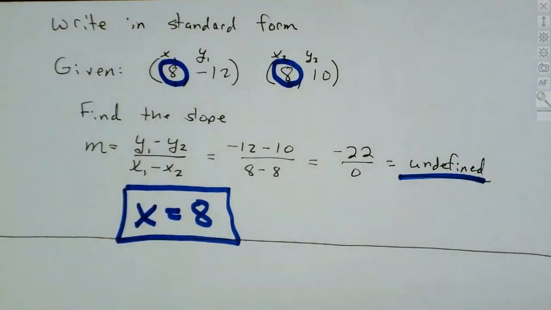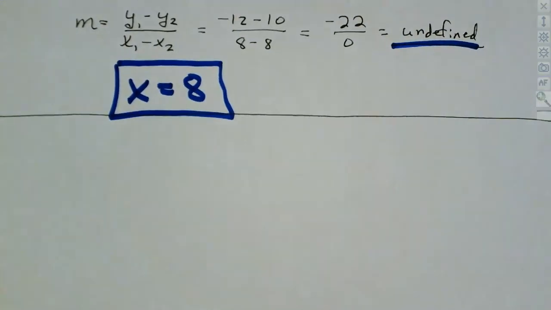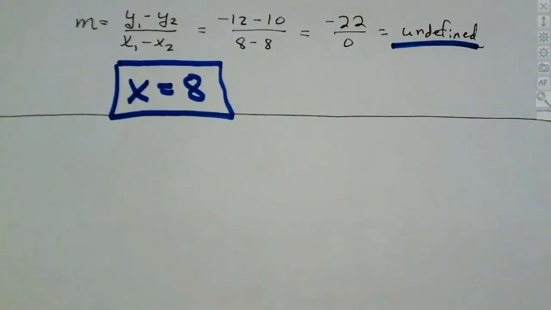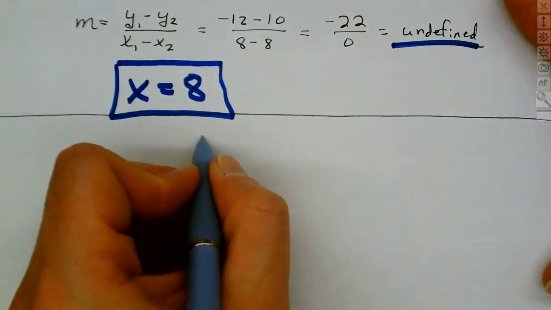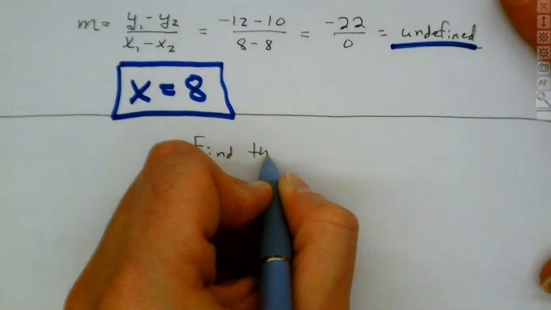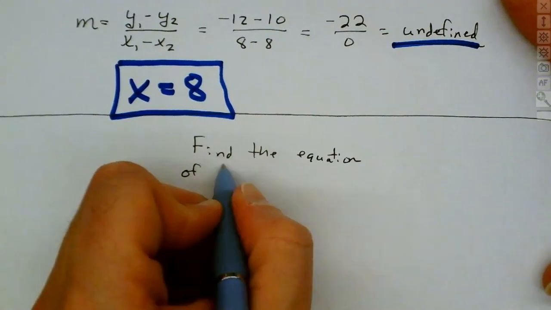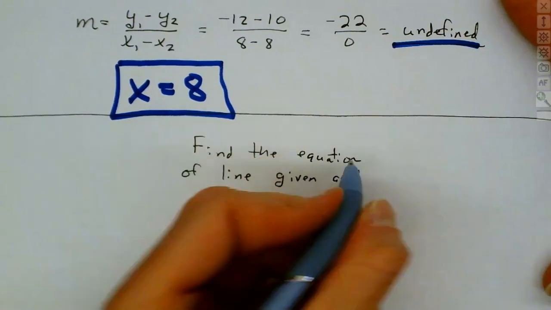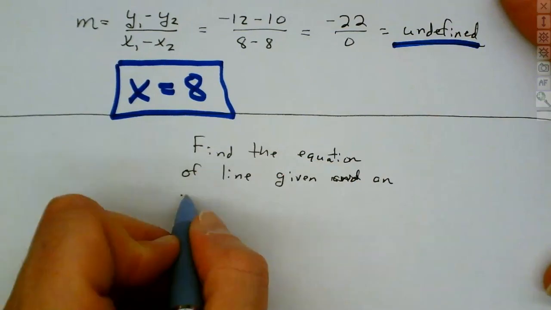We've got one more part to cover in this section, and we're going to talk about parallel and perpendicular lines and how they work when we want to find the line equation. So again, another flow chart, and we want to find the equation of a line given an equation and a point.